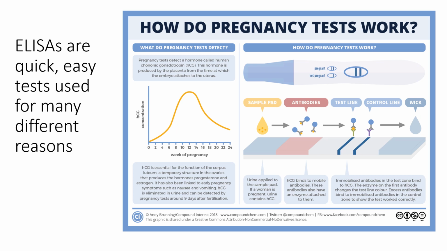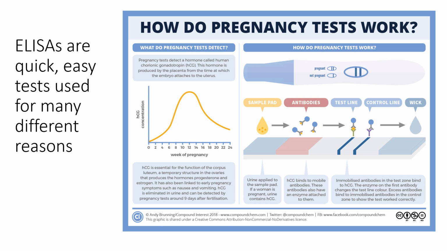Yes, wicking will move it forward in the stick, and it will bind here to this antibody, which recognizes the Fc region. But if you get a second line here, okay, that's the test line. The only reason you could get that to bind is because this first antibody binds to the human chorionic gonadotropin.